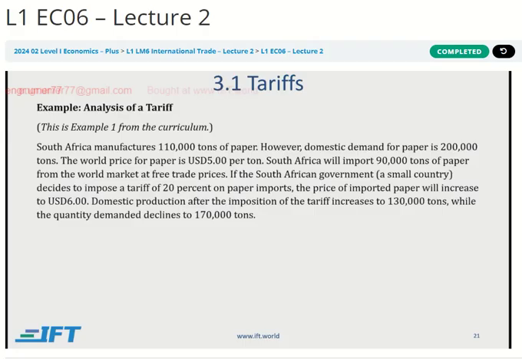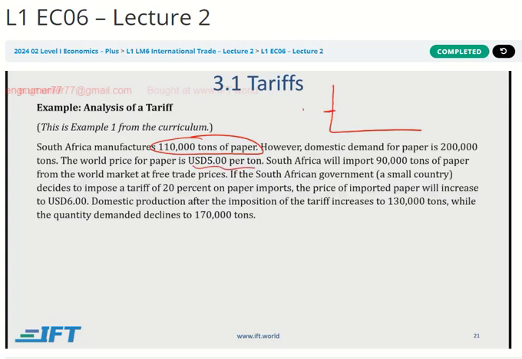And all of this might sound a little bit confusing, but hopefully it is going to become very clear once we go through this example. So we're talking about South Africa, and South Africa is manufacturing 110,000 tons of paper locally at $5 per ton.